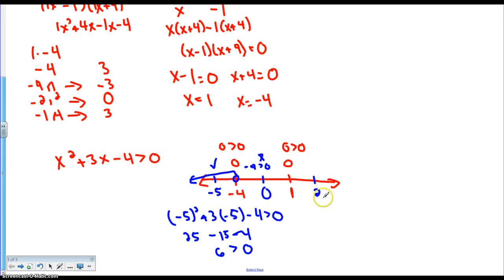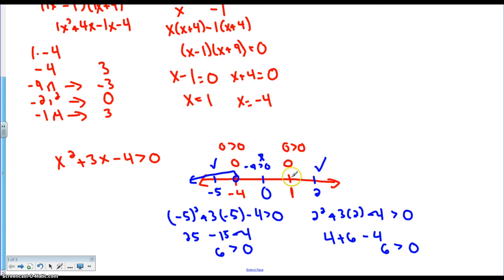So let's plug 2 into this equation. If I do 2 squared plus 3 times 2 minus 4, is that greater than 0? So 4 plus 6 minus 4 is 6. So 6 is greater than 0. That is true. That is a solution.